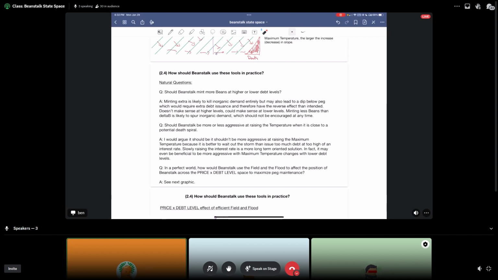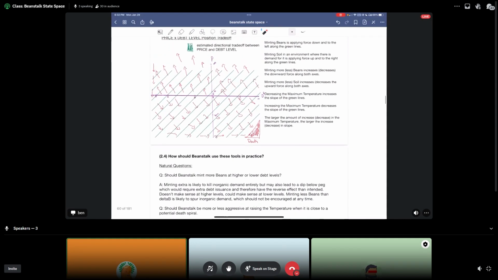Okay, one really interesting question is, should Beanstalk be more or less aggressive at raising the temperature when it is close to a death spiral here? Now, I would argue that the thing to do is to be less aggressive, because raising the temperature puts more force this way, which to me is sort of going with the tide.